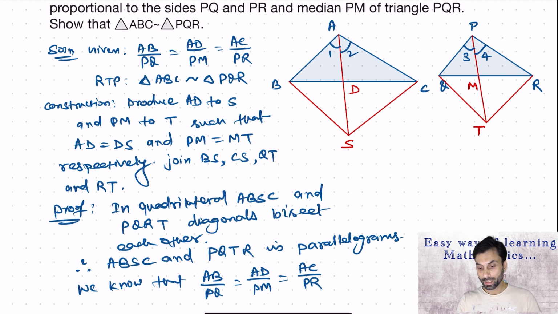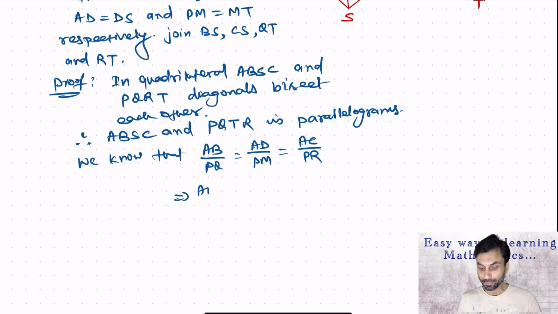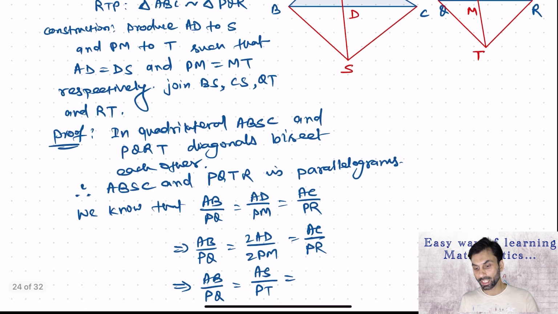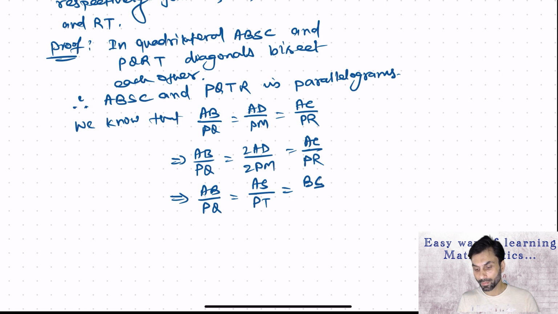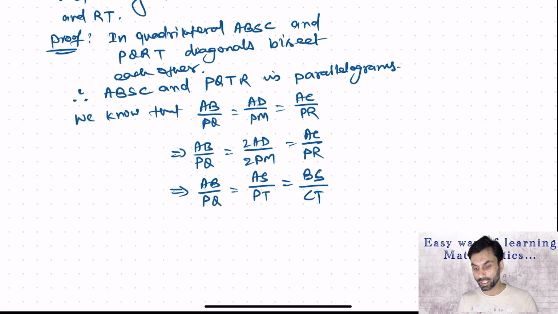Now if we multiply 2 to AD and 2 to PM, we get AB upon PQ equals 2 times AD upon 2 times PM equals AC upon PR, which gives AB upon PQ equals AS upon PT, and in place of AC we can write BS, and in place of PR we can write CT.